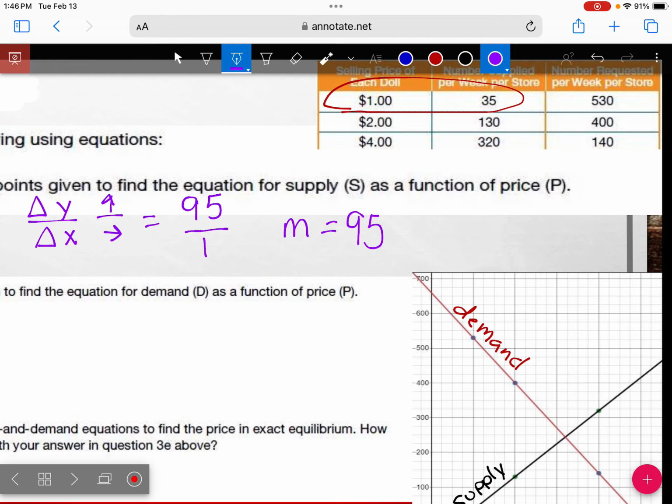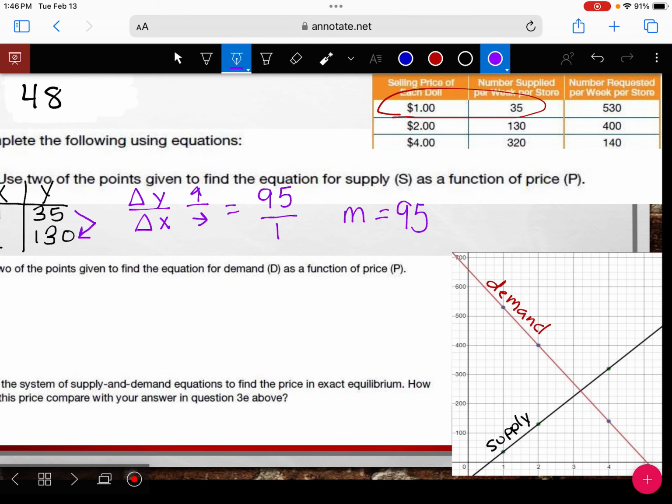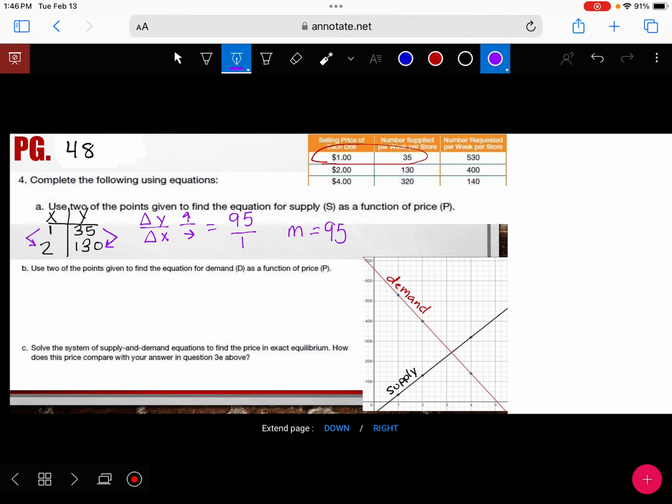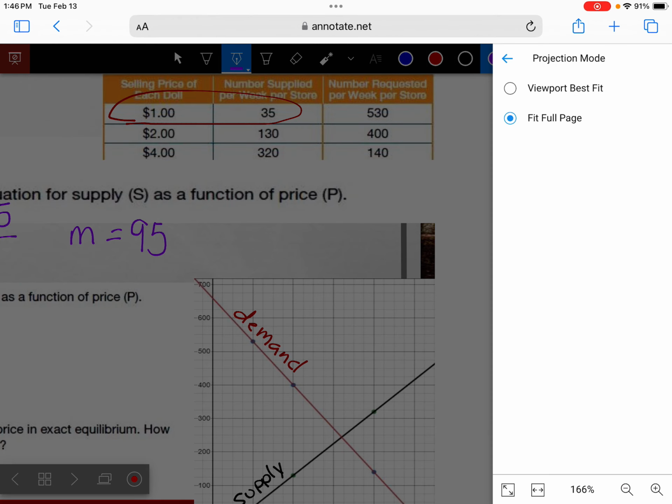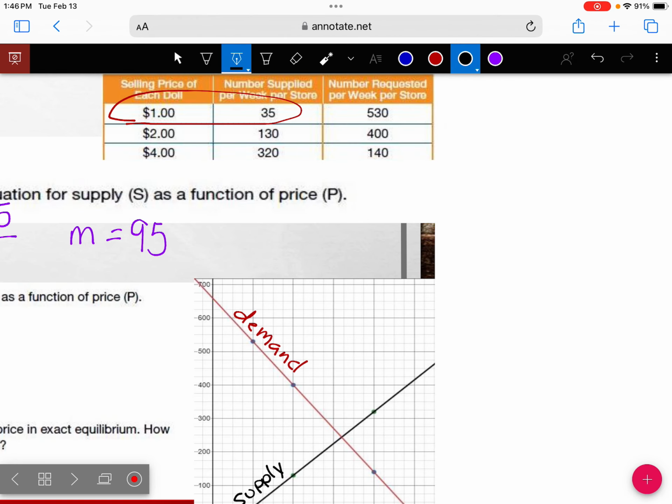So when we write our equations, I'm going to give us a little bit more space to the right because I'm running out of space already. Normally when we write our equations, we do y equals mx plus b.